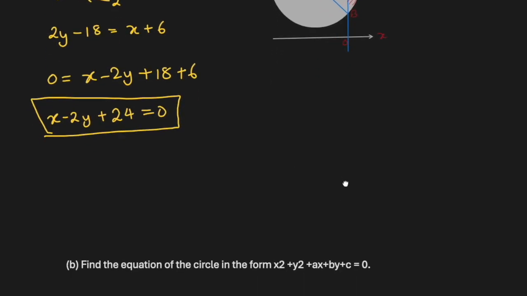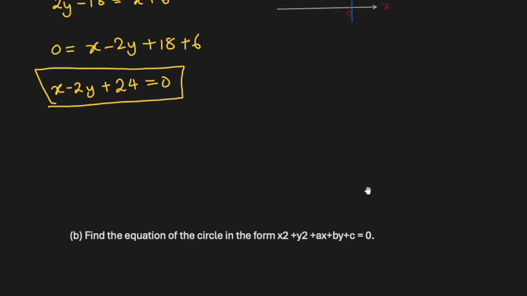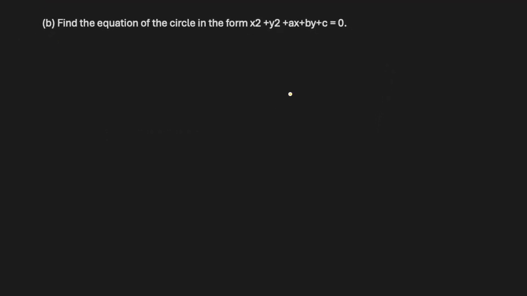Okay, part B. Find the equation of the circle in the format of this equal to 0. The center is (minus 4, 5), and the radius is square root 20.